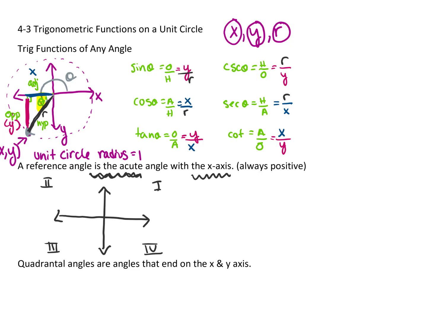So if it's an acute angle, then that means that it's between 0 and 90 degrees. I'm just going to do theta prime. So we could have one in any quadrant.